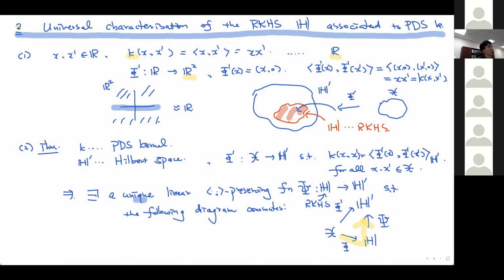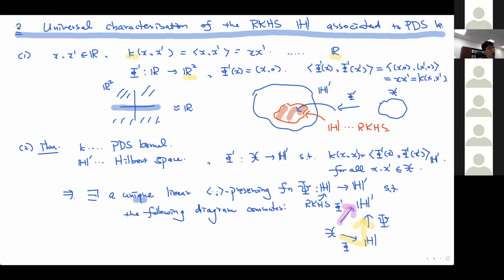That is the same as the other, directly going from X to H prime by this phi prime. Okay, so these two maps become the same thing.